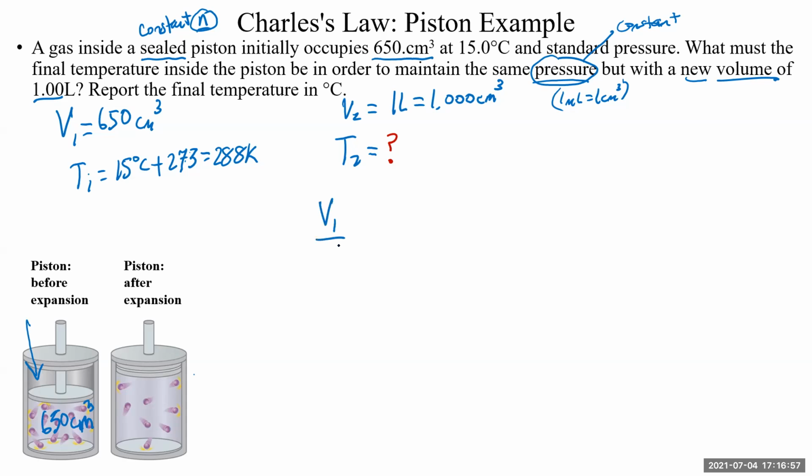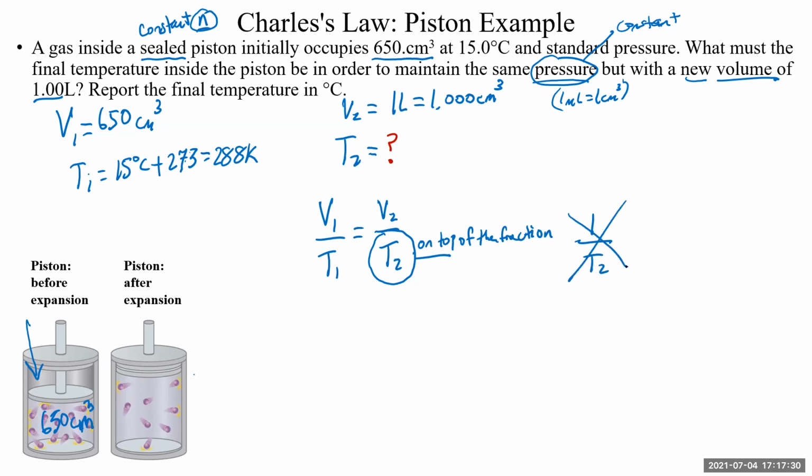So we have V1 divided by T1 equals V2 divided by T2. Now be careful here. Since you're solving for T2, you don't want to simply get T2 by itself on one side, but you need T2 to be on top of the fraction. Otherwise, you're not solving for T2, you're solving for the reciprocal of T2. You don't want to inadvertently solve for 1 over T2.